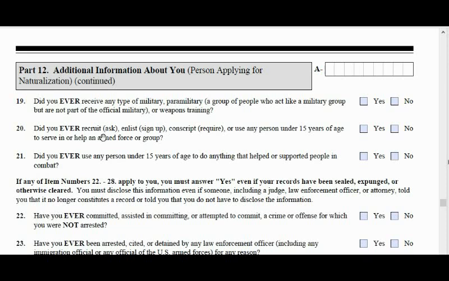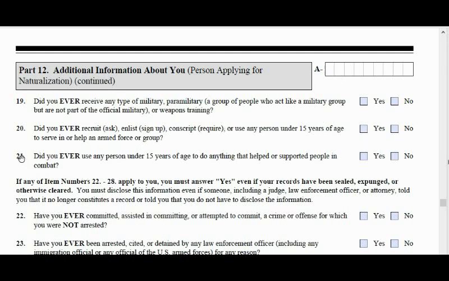Did you ever recruit, as in enlist, sign up, or conscript, require, or use any person under 15 years of age to serve in or help an armed force or group? If you ever recruited, enlisted, conscripted, or used any person under 15 years of age to serve in or help an armed force or group, then you check yes. If it's no, you check no.